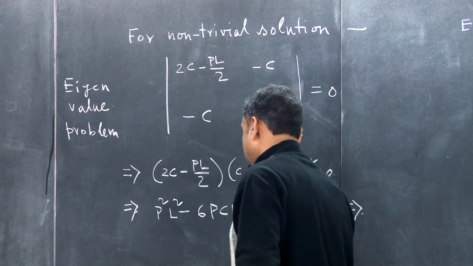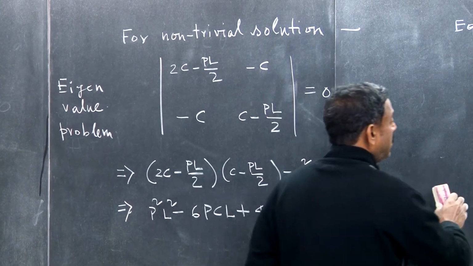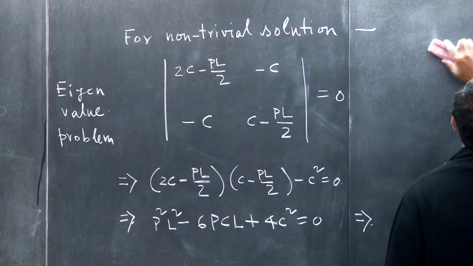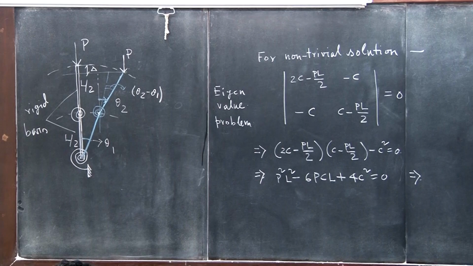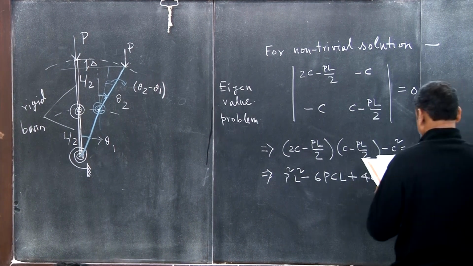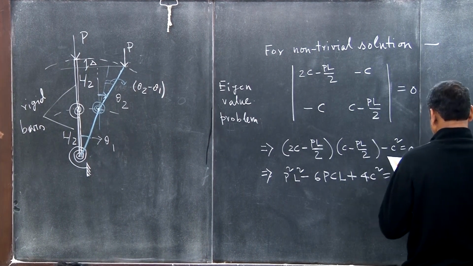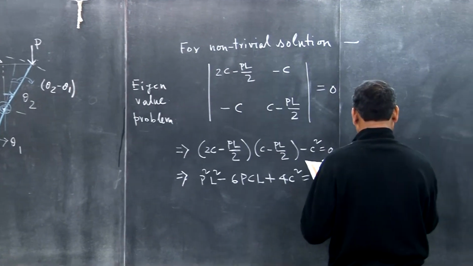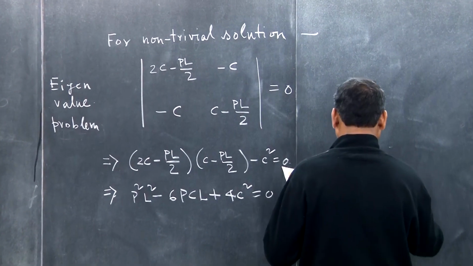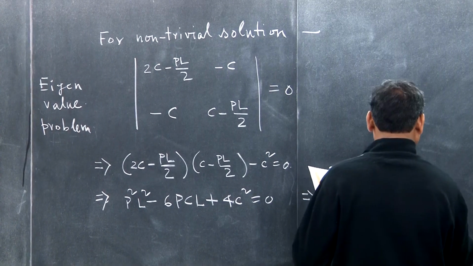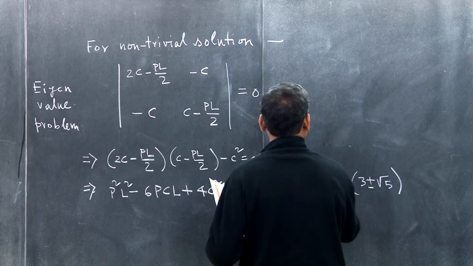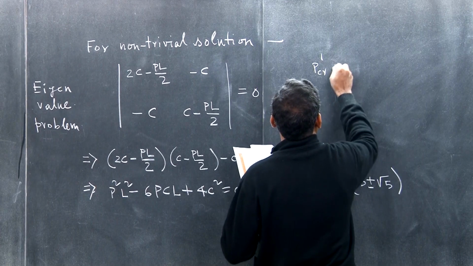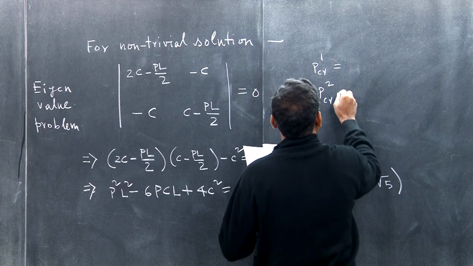This is a quadratic equation, so it will have two roots, and it is expected because it is a 2 degree of freedom system. So by solving this you will get P as two values: it is CL by 3 plus minus root 5, or I will just denote them P critical 1 and P critical 2.